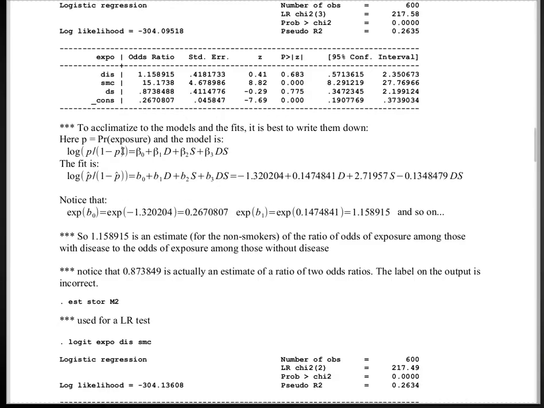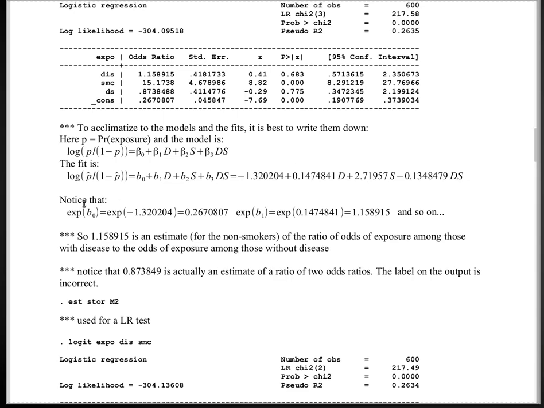Here's all the pieces. There's the model. In terms of the unknowns, the unknown conditional probability, the 4 unknown regression coefficients, and now we have the fitted values, and I've substituted them in here. So this table here can be written as now an equation in terms of the fit.